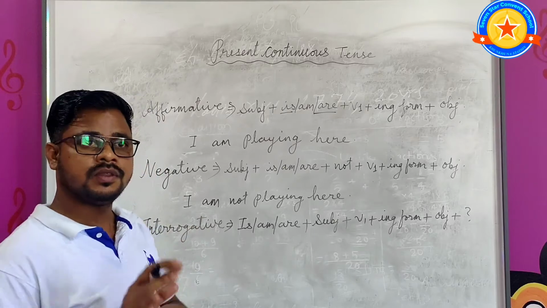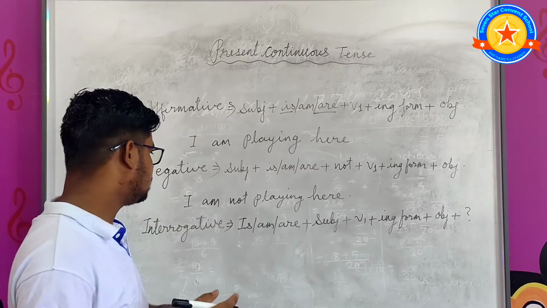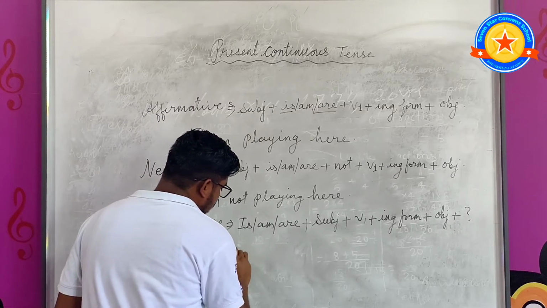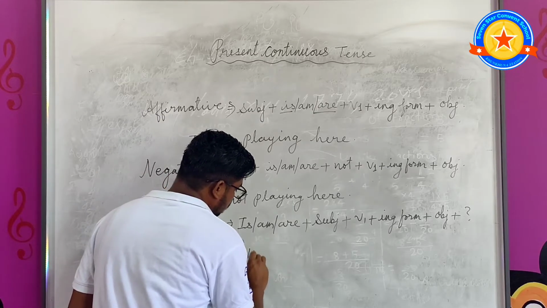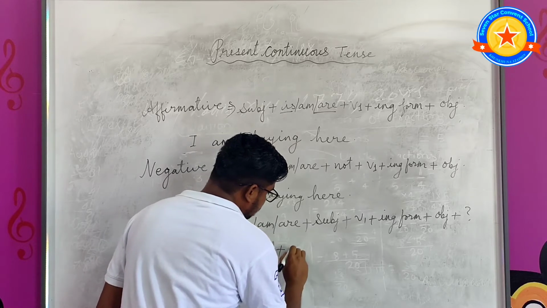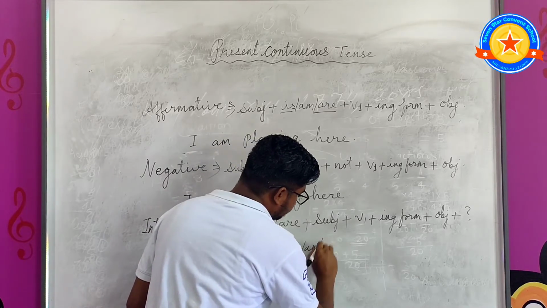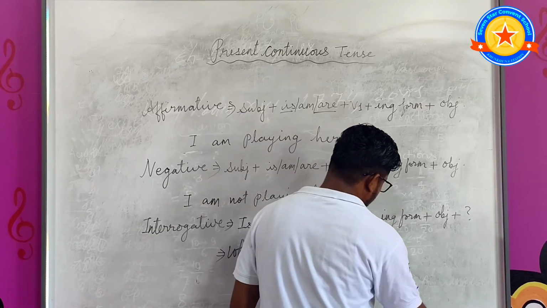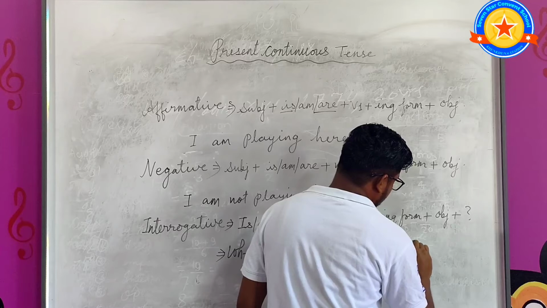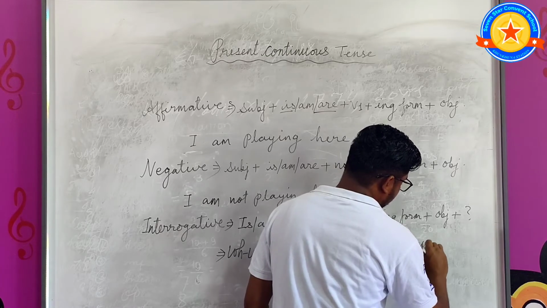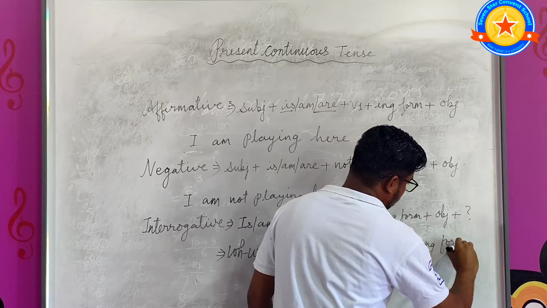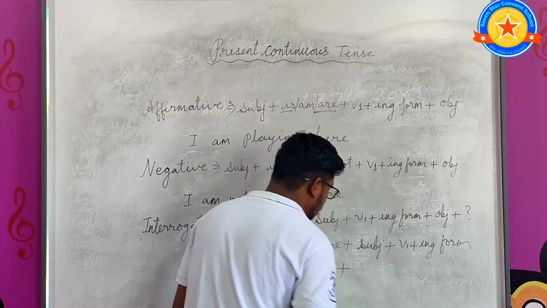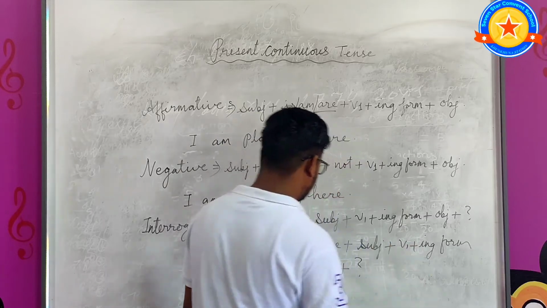So this is the yes-no type interrogative sentence. Now I will tell you the WH type interrogative sentence pattern. First you have to write the WH word. After that is, am, are helping verb plus subject plus verb ing form plus object, and after the object a question mark.